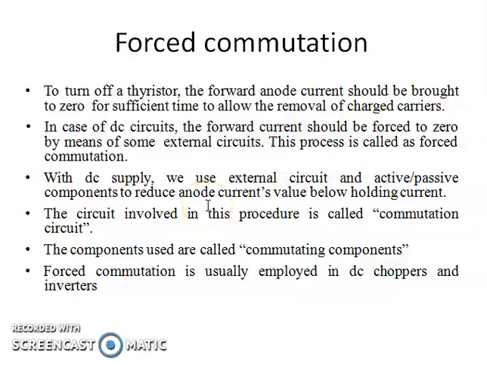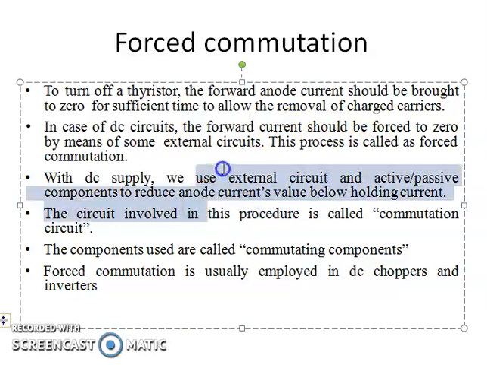With a DC supply, we use an external circuit with active and passive components to reduce the anode current below the holding current. The circuit involved in this process is known as the commutation circuit, and the components used in it are known as commutating components. Forced commutation is usually employed in DC choppers and inverter circuits where the input supply is DC.